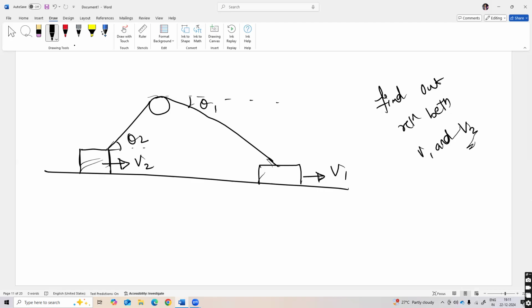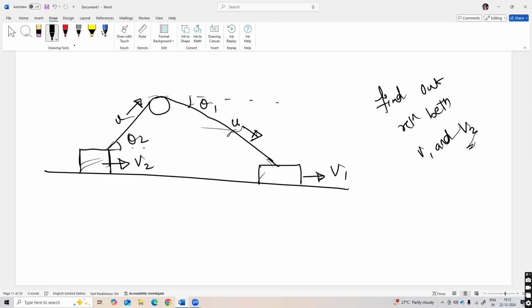So in constraint motion, what we have seen, since this is a single string, if this part of this string is moving with velocity u, then this part is also moving with velocity u. If this part is moving with velocity u in this direction, then this side is also moving with same velocity in the other direction. If the velocities are different on either side, then of course it will break.